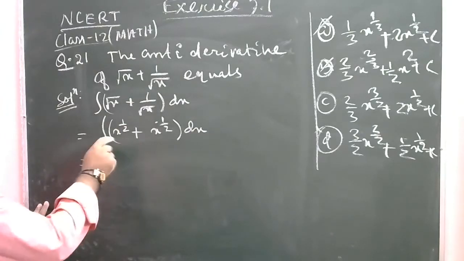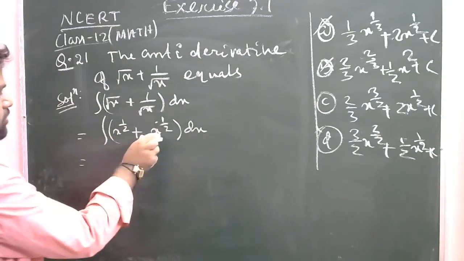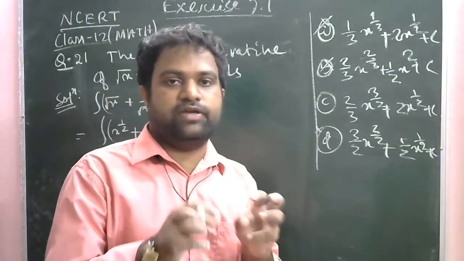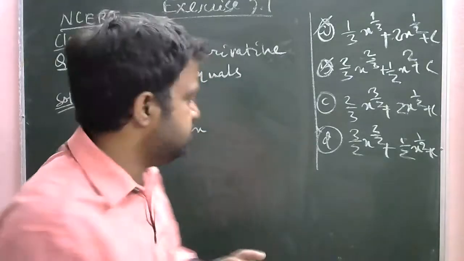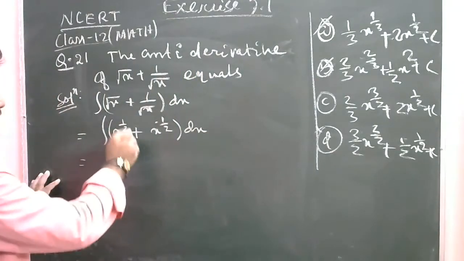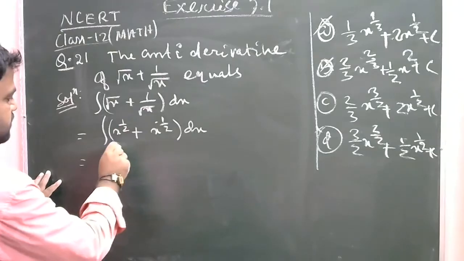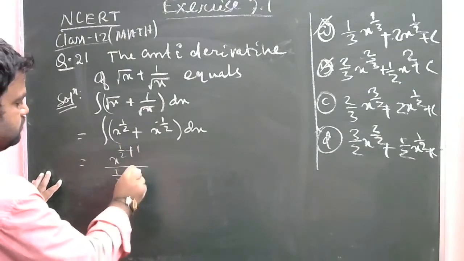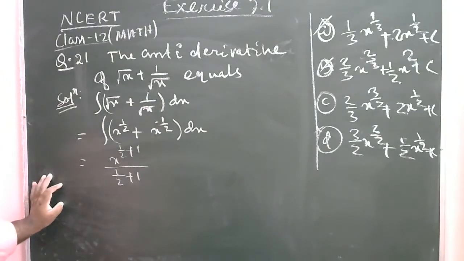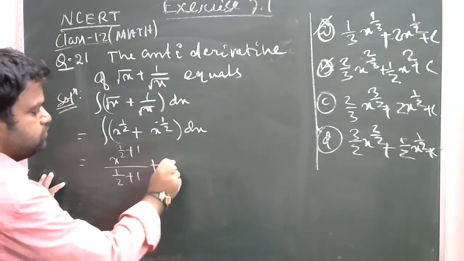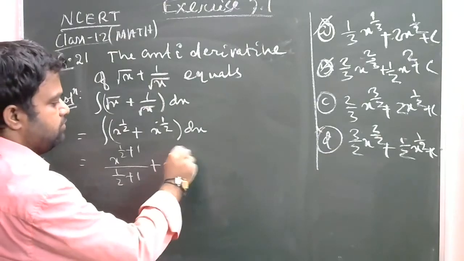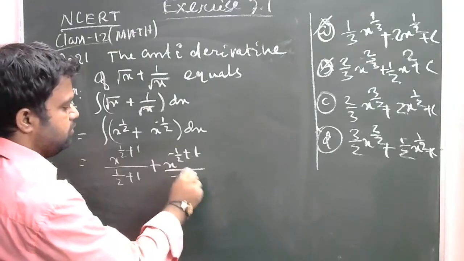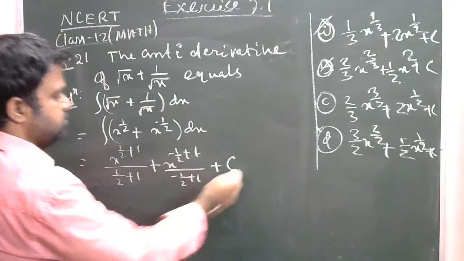Easy, no? So the individual integration of this one plus the integration of this one. Since plus is there, I have to find the integration of the individual terms. So x to the power half integrates to x to the power half plus 1 by half plus 1, plus x to the power minus half plus 1 by minus half plus 1, plus c.